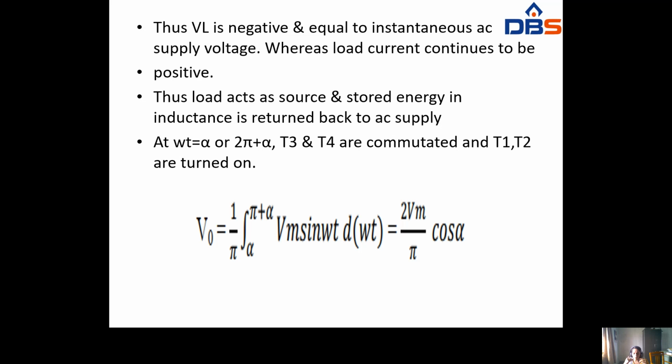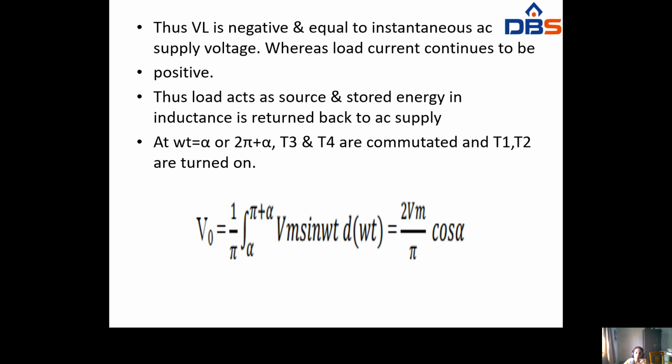So in all 4 modes, the load current will be positive. That's why the load current will be in continuous mode of operation. Thus the load acts as a source and the energy stored in the inductance is returned back to the supply. So at omega t equal to pi plus alpha or 2 pi plus alpha, T3 and T4 are commutated and T1, T2 are turned on.